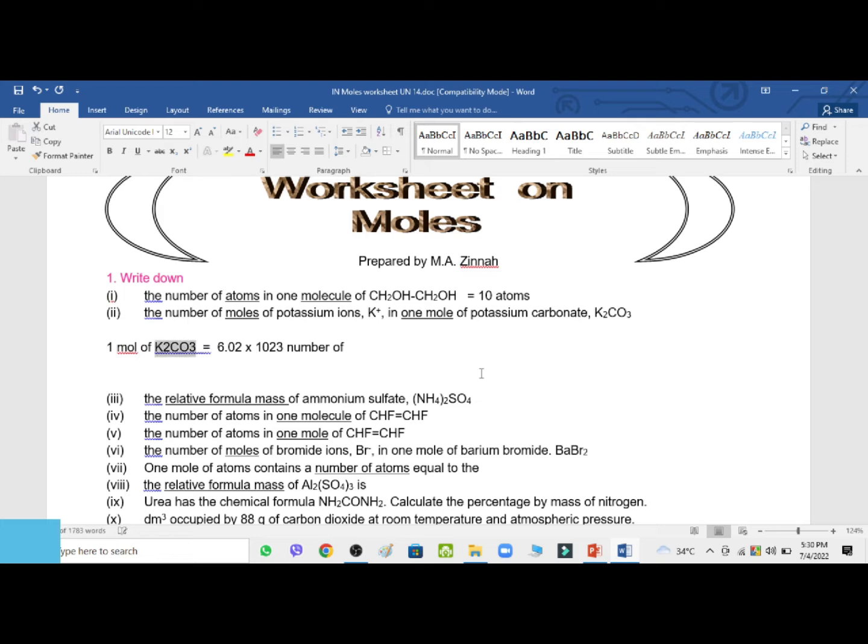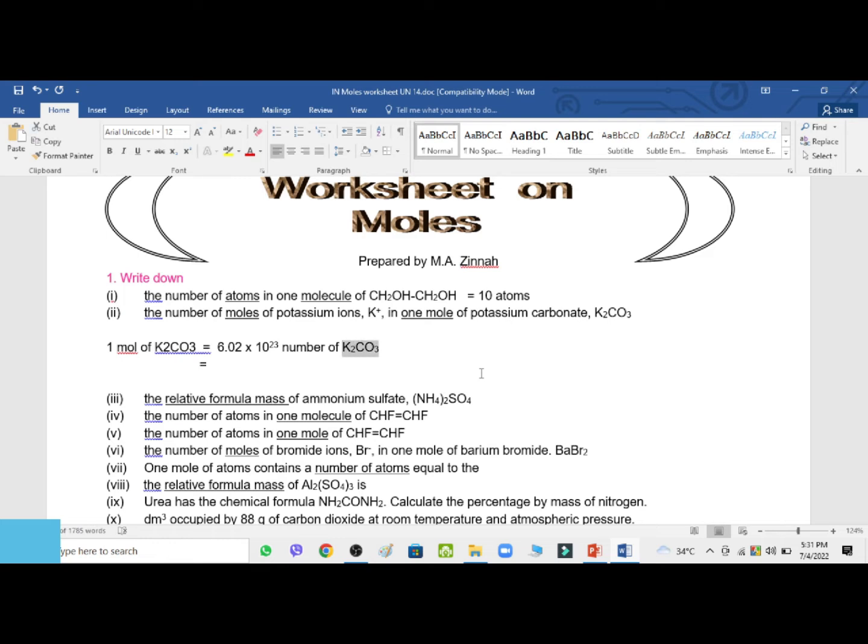I write here again, copy and paste. This is the number of this, 10 to the power 23. Now get the formula. In the formula, potassium is double, right? This consists of potassium and carbon. If you have one particle like this, in that one particle you have potassium 2, like one person has 2 hands.